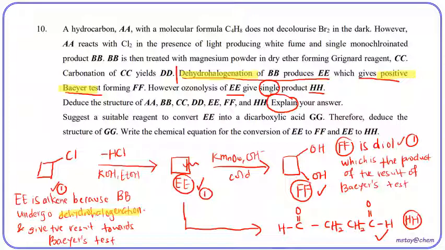So you will say that HH is a carbonyl compound which forms due to the ozonolysis. So where can you get the word ozonolysis? Also from the question, ozonolysis. Okay, so we stop at explain your answer here. In the next slide, we will continue with another part of the question.